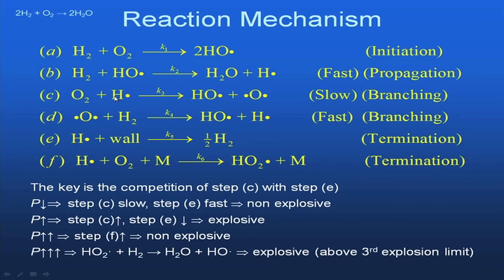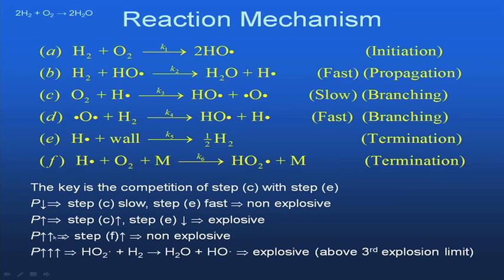So, the average distance between these molecules is more. Therefore, the probability of this collision is less, so this process becomes slow. But this will be fast, because these molecules will get chance to collide with the walls. So, termination will win. So, it will be a non-explosion situation.